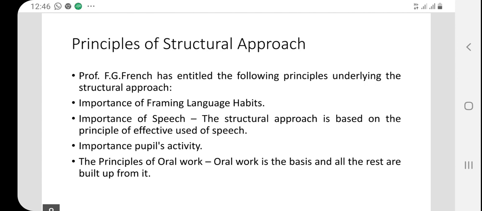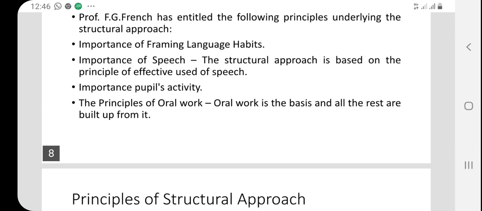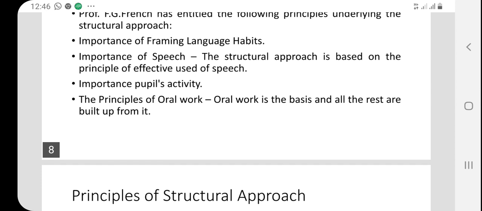Then the importance of students' activity, which is again important. Then we have oral work is the basis and the rest is built up from it. Whatever work has been assigned starts from communication, and the rest of the things move on after that.